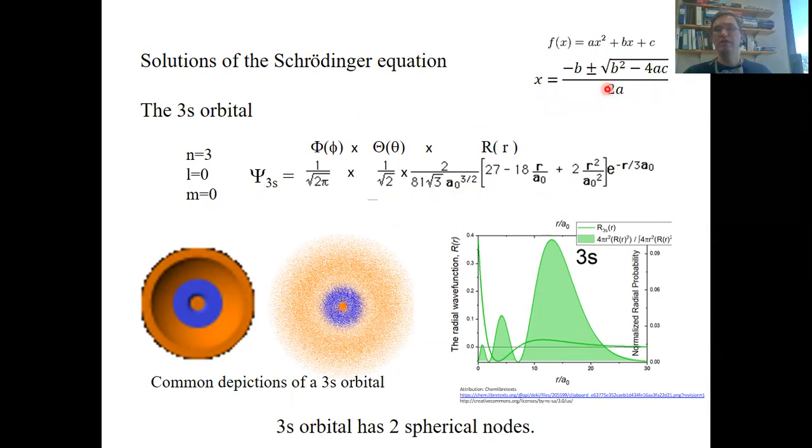You're probably all familiar with that. When we have a general square function of this shape, we can find the positions at which f(x) becomes 0: minus b plus minus the square root of b squared minus 4ac, over 2a. There are always two solutions, and because there are two solutions, we have two nodes for our 3s orbital.